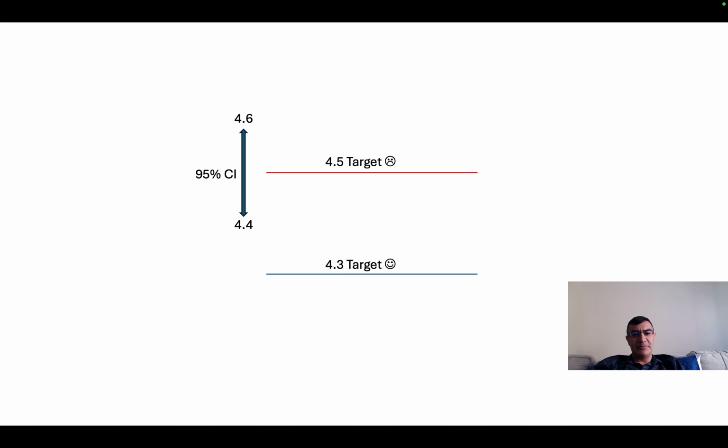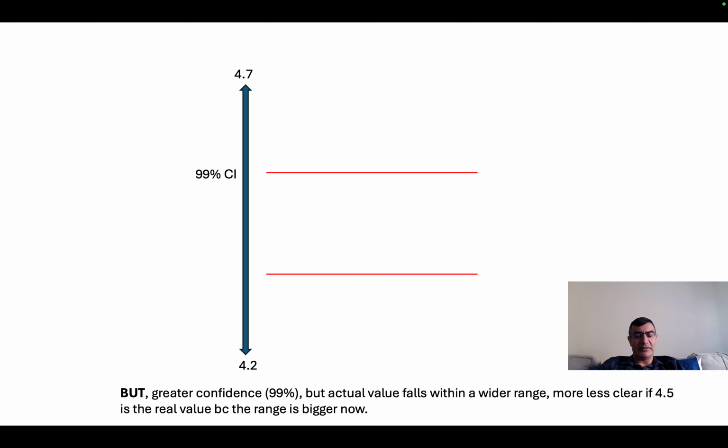Let's say you wanted to be 99% confident. Well, then you'd have to expand your range. So if you want to know what values fit your 99% confidence interval, let's say that's 4.2 to 4.7, then if your target was a CSAT of 4.5, you may not actually meet your target in real life.